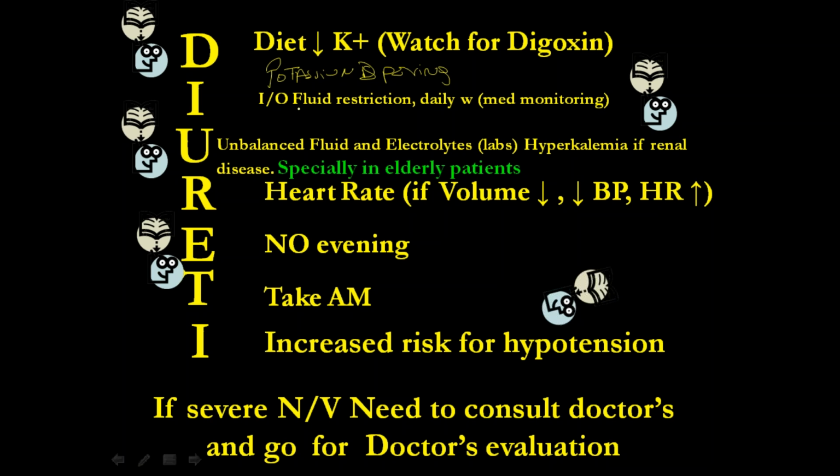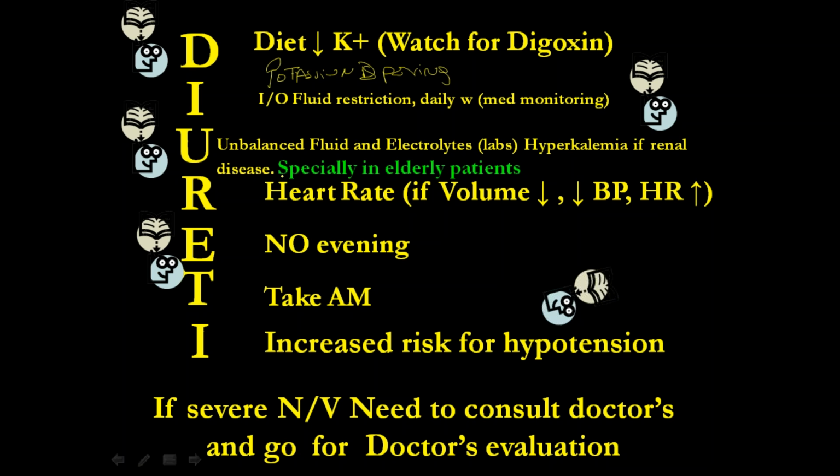We also have fluids. Check daily weight, and assess the efficacy of the medication by looking at the input and output of fluids. Fluid restriction, because you want to get rid of water, and daily weight. We also have unbalanced fluid and electrolytes, hyperkalemia if renal disease.